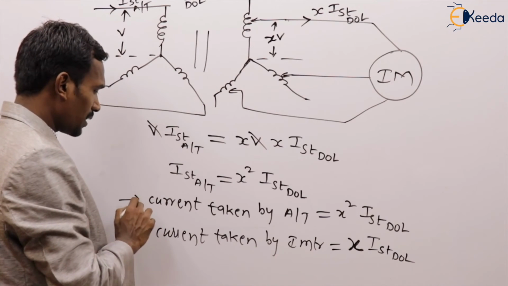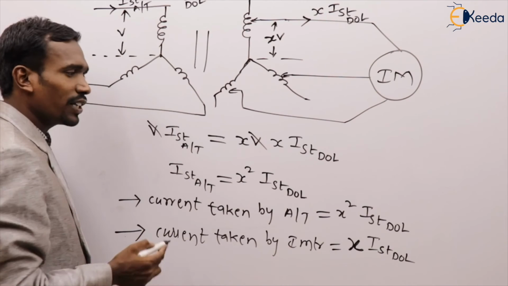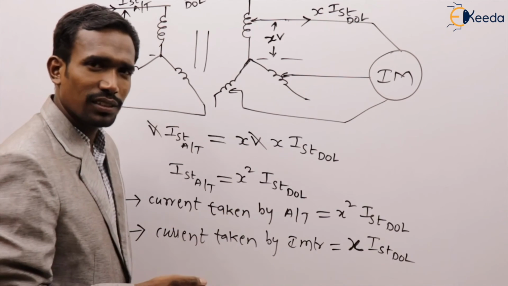The current taken by the auto transformer is X square times. The current taken by the induction motor is X times.